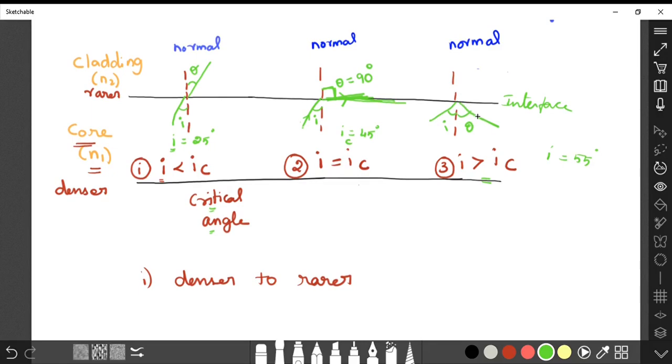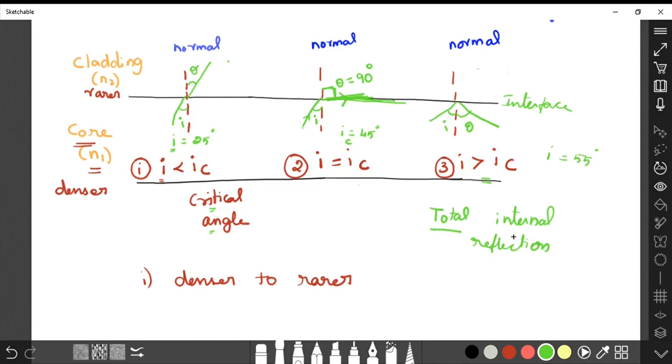Here it is refracting to the other medium, here it is traveling along the interface, and further if you increase the angle of incidence greater than IC, it is internally reflected back. So this condition is total internal reflection. It is not refracting to the other medium, it is reflecting back inside the same medium. That is called total internal reflection.